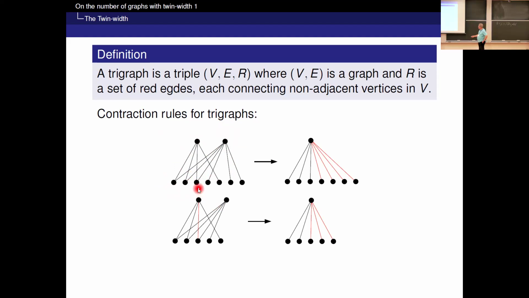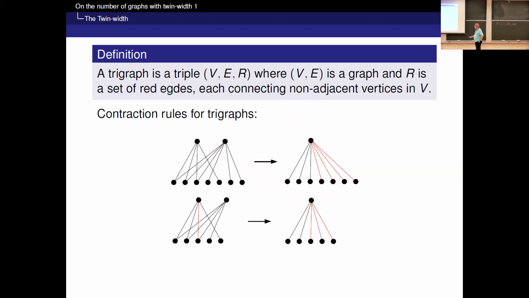This vertex is a neighbor of one of those, but not of the other, and the same applies to the other here. So they are all neighbors of one of the two vertices, but not of the other one. Then you may merge these two vertices, but neighbors of both stay neighbors of the merged vertex. Neighbors of exactly one of the two become special neighbors connected by a red edge.